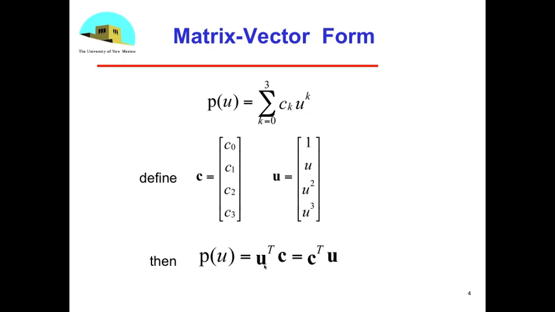It's u transpose, a row, times a column. So a 1 by 4 times a 4 by 1 gives you a 1 by 1, which is a scalar. Or you can switch them and take the transpose of C and multiply it by u. This gives you a nice little matrix form for writing a curve where the parameters are all in that column u, and the constants you need to find that depend on the particular data are in C.